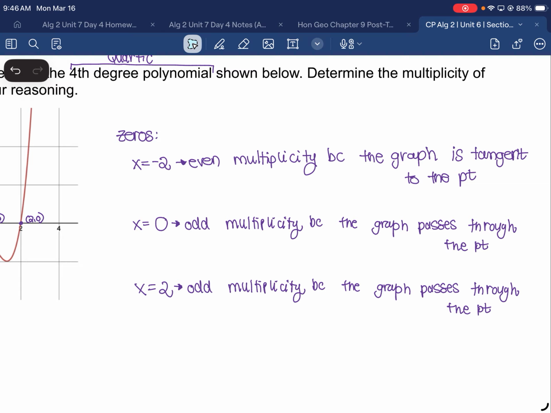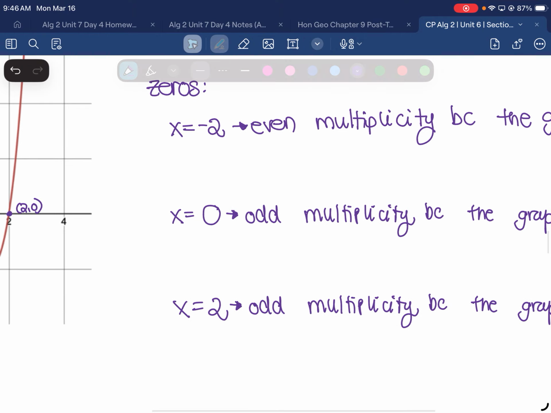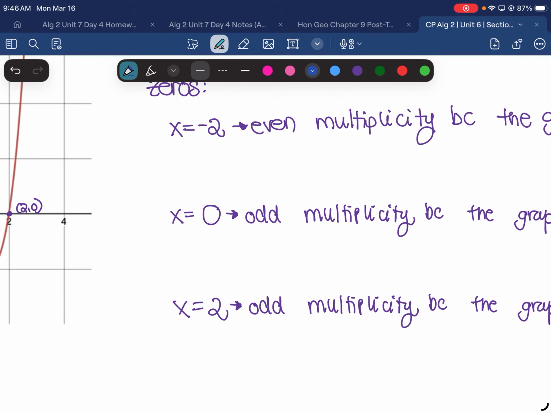So do you have any thoughts about that, Luna? Wait, would it be 2 and then 1? Right. Because 2 plus 1 adds up to 4. And I know that even numbers are 2, 4, 6, but that's not possible, anything other than 2, right? And then your odd multiplicities, they could be 1, 3, 5.